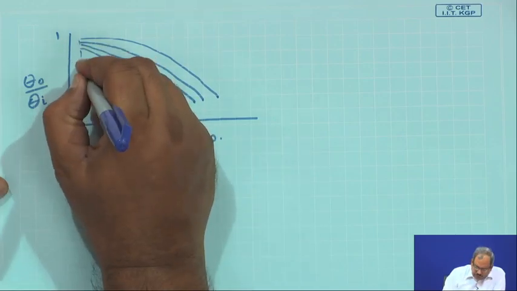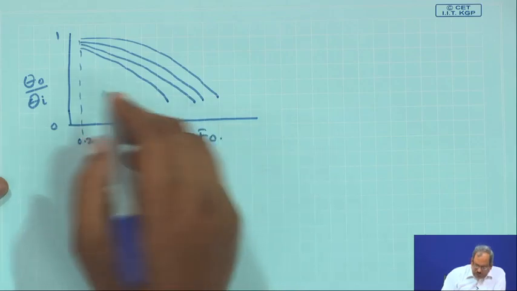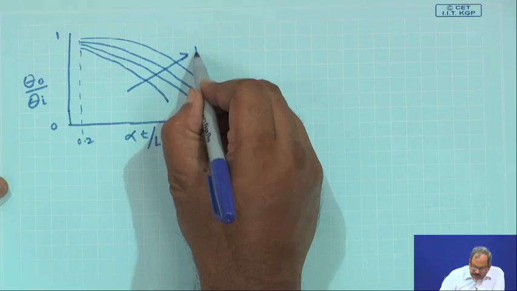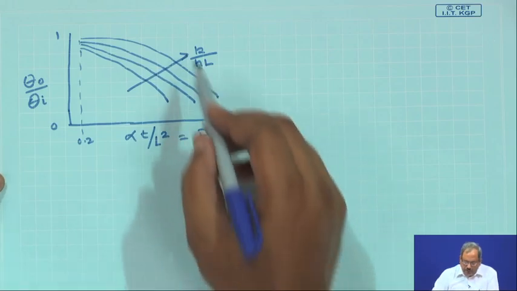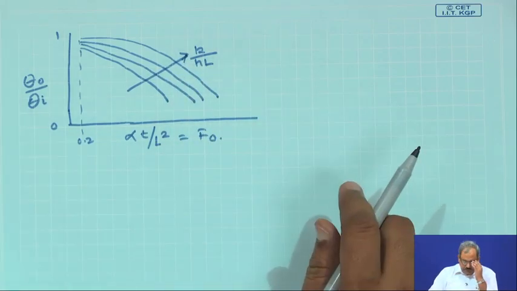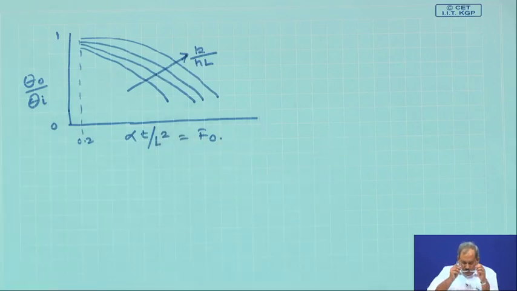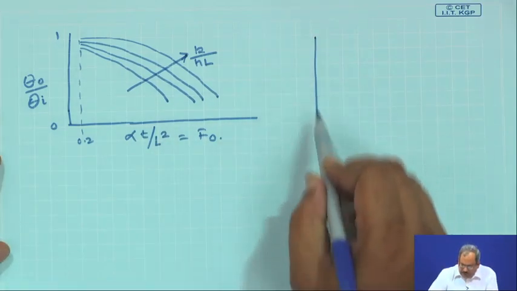So, this value is roughly about 0.2, up to 0.2 it has been done, and this is increasing value of the inverse of Biot number. Okay. So, this is one figure which is provided in the text.